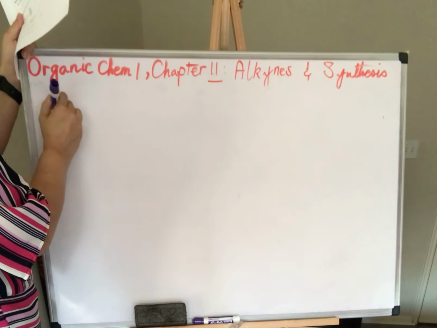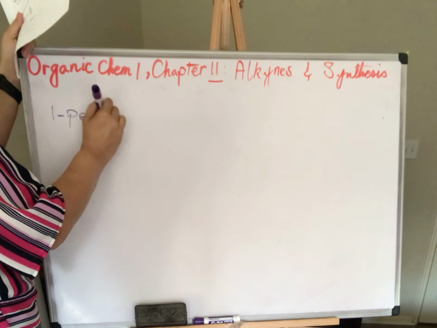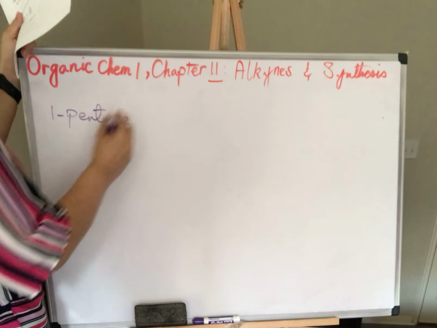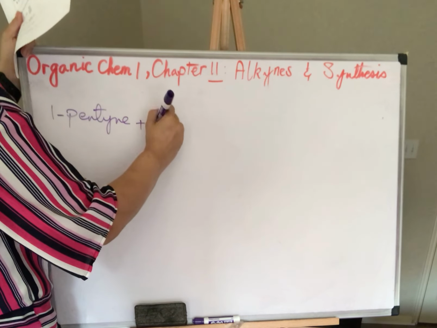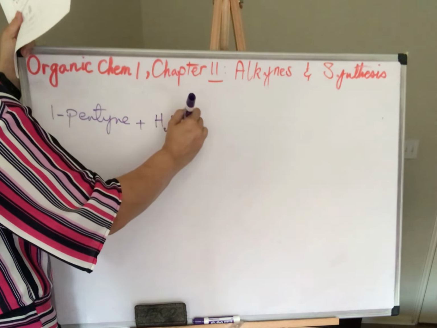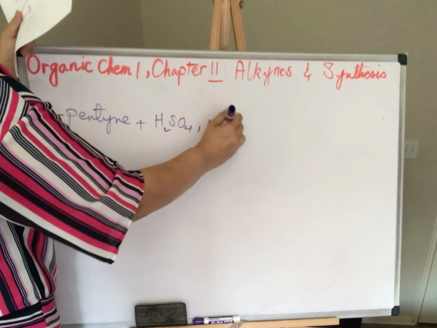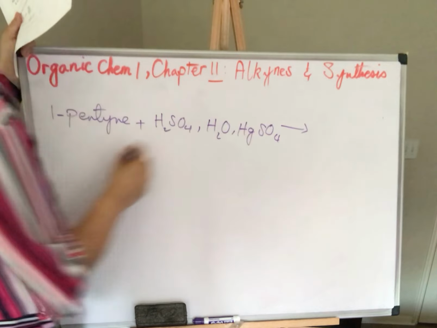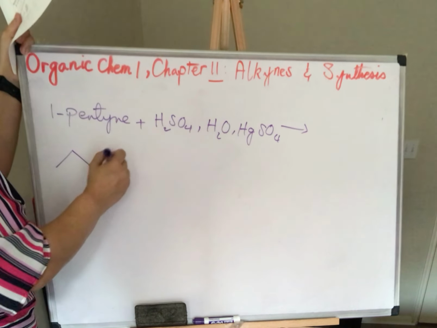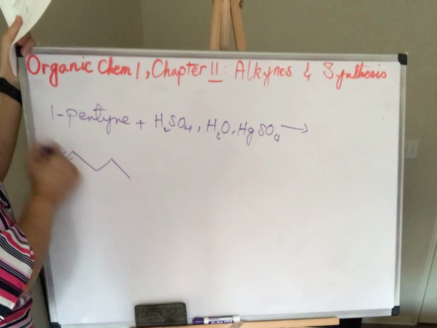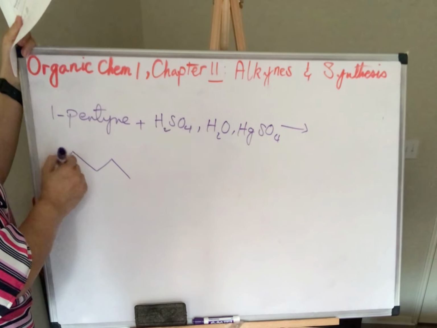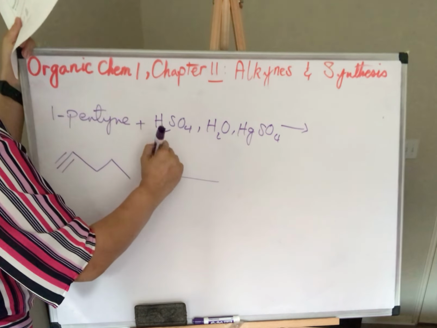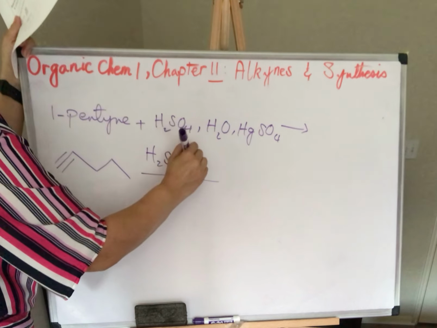Now let's add one pentyne to H2SO4, H2O, and HgSO4. So let's draw pentyne. 1, 2, 3, 4, 5. One pentyne, triple bond is on the first carbon. So now we have H2SO4 and water.